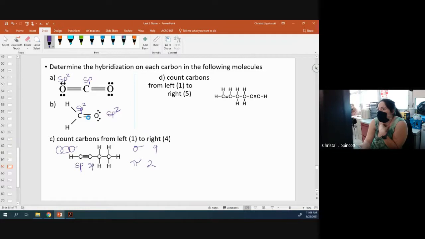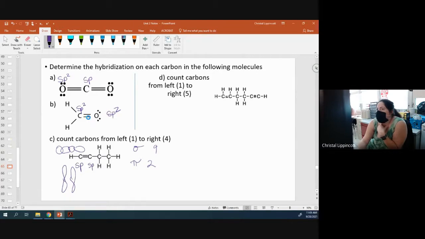You would also have an sp orbital coming over to this other carbon, and then you would have 2 p orbitals that didn't hybridize because you need them for the double and the triple bond. So hybridization and bond type are different. Hybridization is the orbital, and this is what type of bond it is.